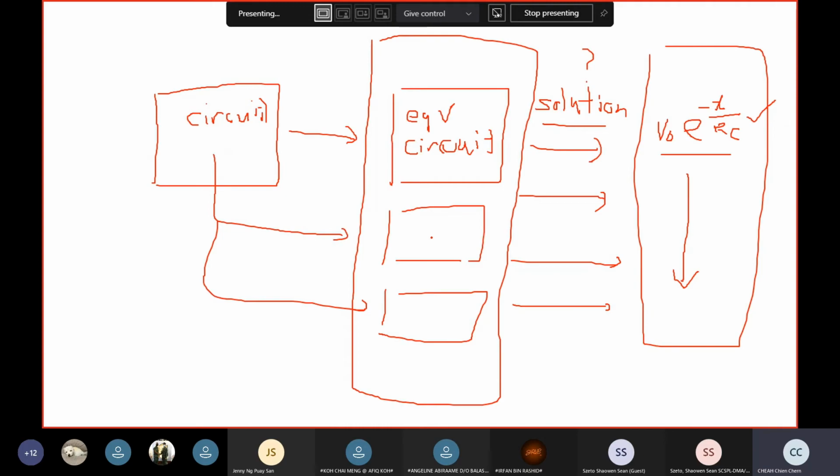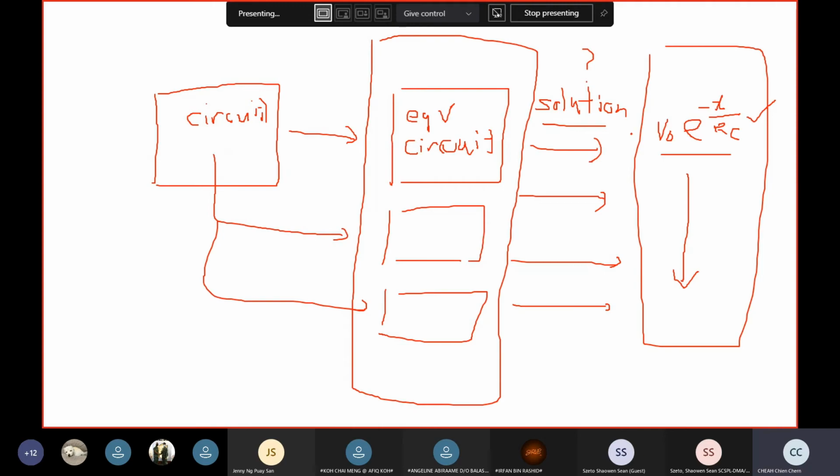The energy storage problems, basically circuit analysis of circuits with energy storage, would involve all these simplifications as well as linking up with the solutions of the equivalent circuits.